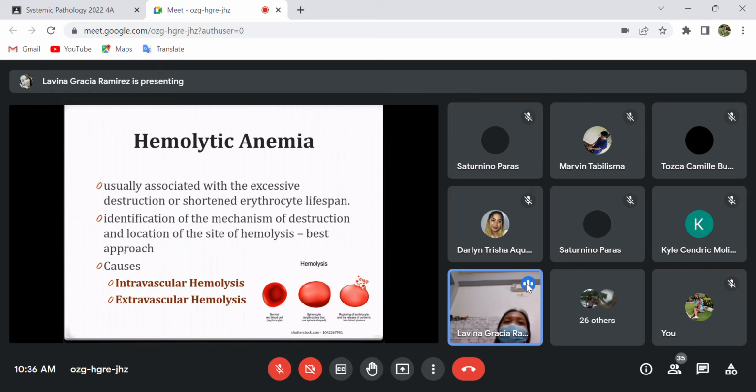Another point is that identification of the mechanism of destruction and location of the hemolysis is the best approach. Why? By knowing the site where the hemolysis of RBC is being conducted, you can have your management, or you can intervene, or you can have something to stop or control that hemolysis.